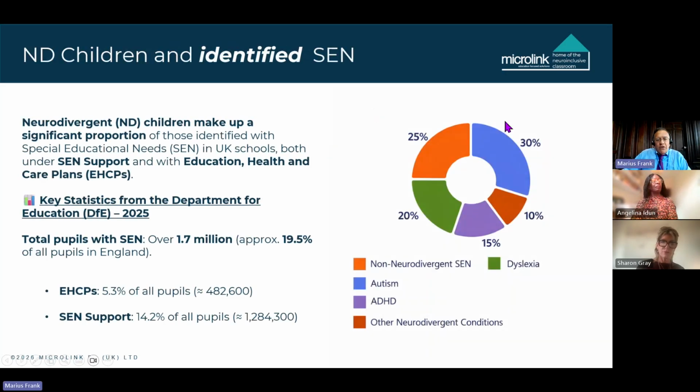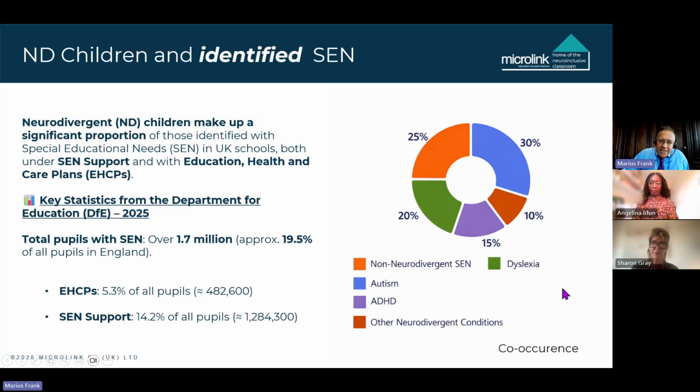What's interesting when you look at the figures is that 75% of children who have SEN support or EHCPs in schools, 75% are neurodivergent. Dyslexia, autism, ADHD, or other neurodivergent conditions. That's quite a large proportion.